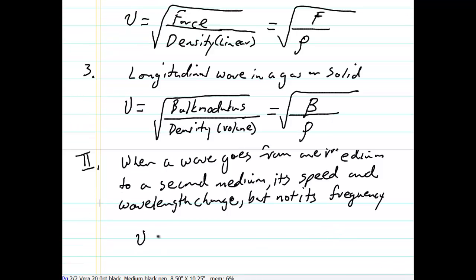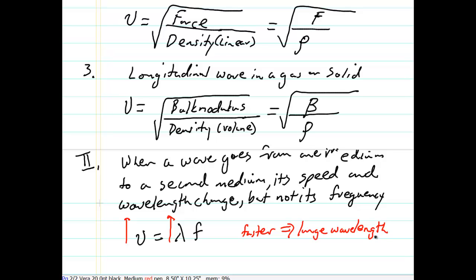So remember, we have the relation that speed is equal to lambda f. And so if it goes into a medium where the speed increases, then lambda also increases. Faster means that it'll have a longer wavelength.